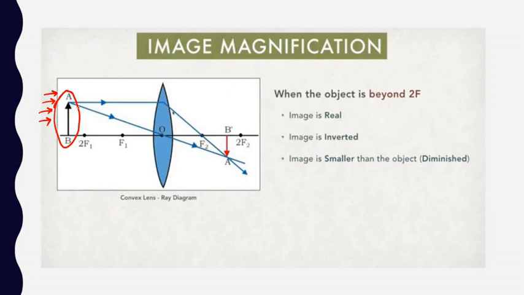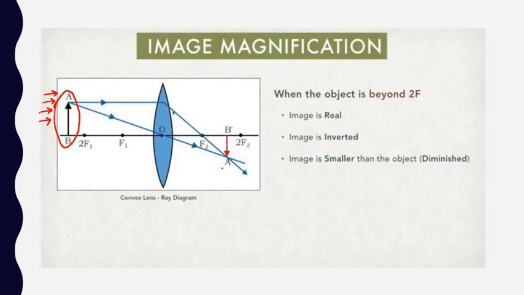But when the incident ray passes through the optic center, it just goes straight, and both of these rays meet at A dash. This ray is not bending because it is passing through the optic center.